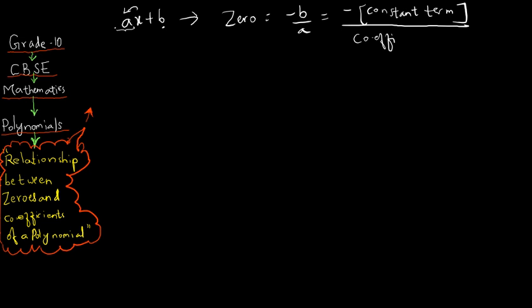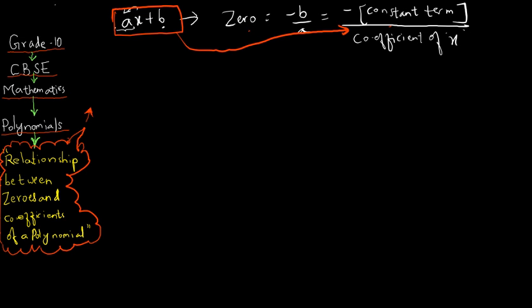Therefore, the zero of the linear polynomial ax plus b would be minus the constant term by the coefficient of x. So this is how the zero and the terms of the polynomial are connected.